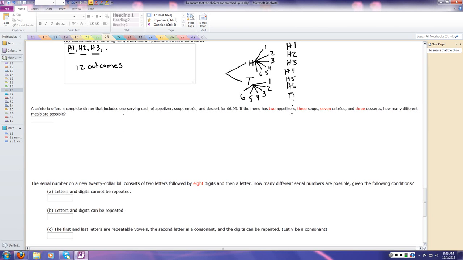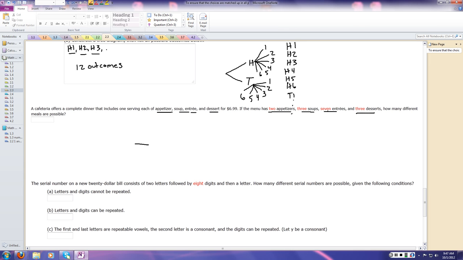Cafeteria offers a special dinner that includes 1 serving of appetizer, soup, and entree for $7. So the menu has 2 appetizers, 3 soups, and 7 entrees. Oh, and a dessert, sorry. And 3 desserts. How many different meals are possible? You do the fundamental counting principle.